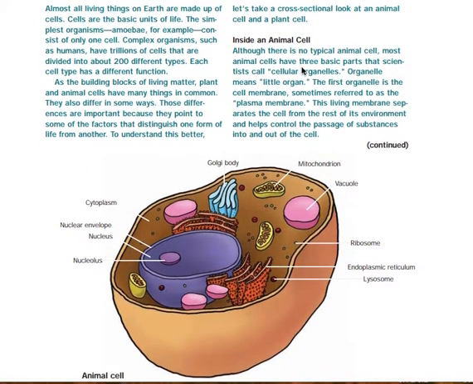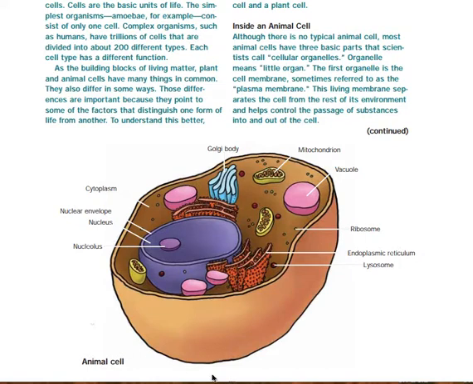Inside an animal cell. Although there is no typical animal cell, most animal cells have three basic parts that scientists call cellular organelles. The organelle means little organ.